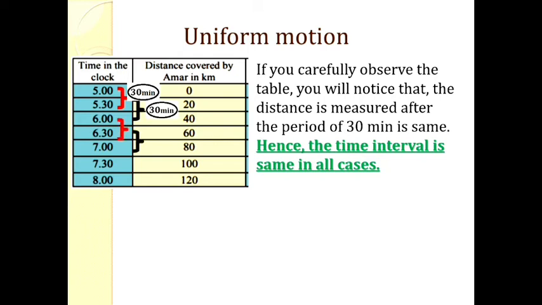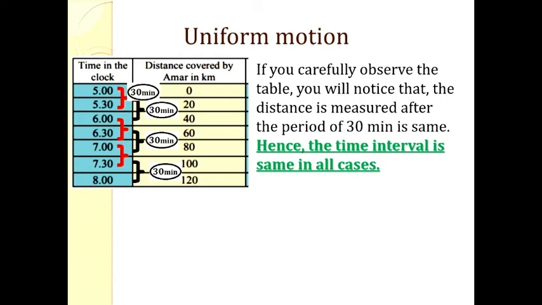In the same way, 6 to 6:30 and 6:30 to 7 show a gap of 30 minutes. Similarly, the next time intervals. So, in this table, we can tell that the time intervals given are equal.